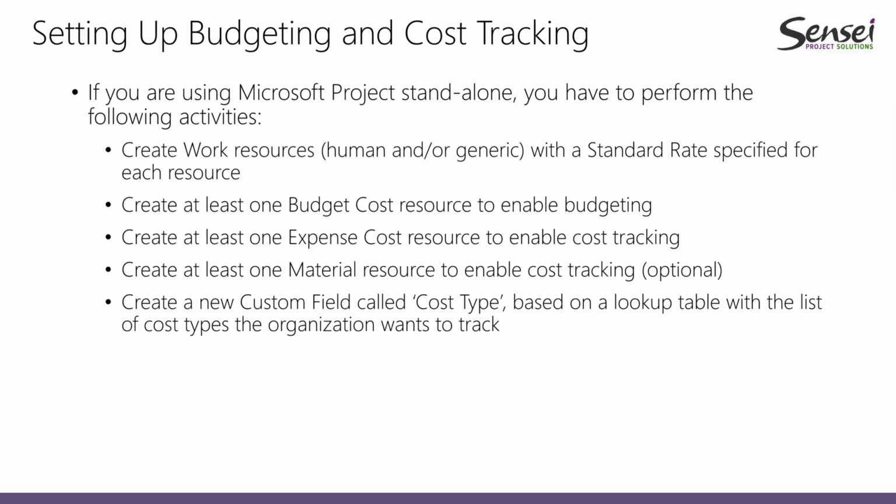So in this way, you can create, for example, hardware resources, software resources, training resources, and you can classify them using the cost type custom field. So in that way, you will have the ability, at the end of the project or in the middle of the project, to understand the amount of money that we are spending with labor resources or with hardware resources or with training resources, and so on and so forth.